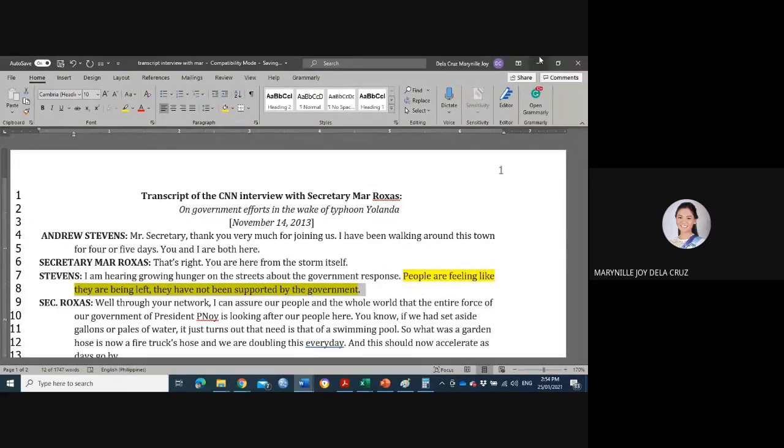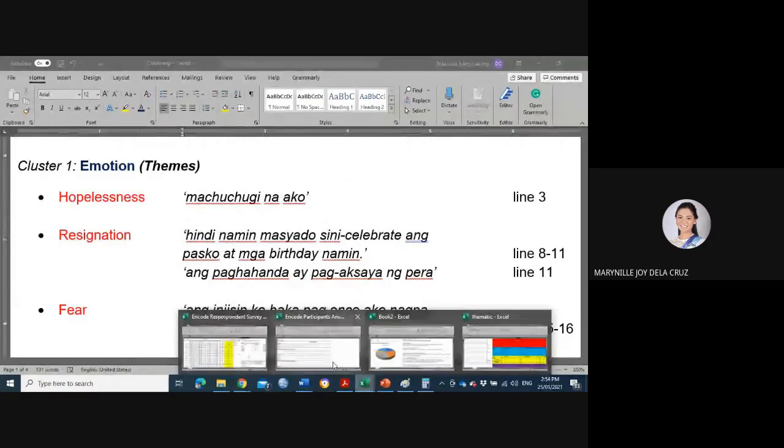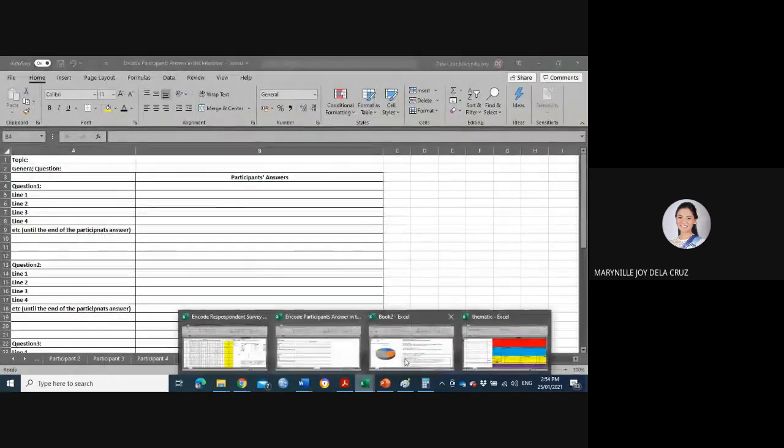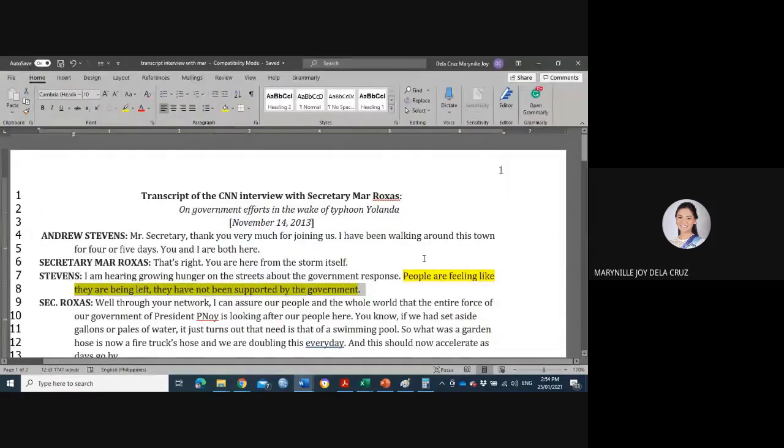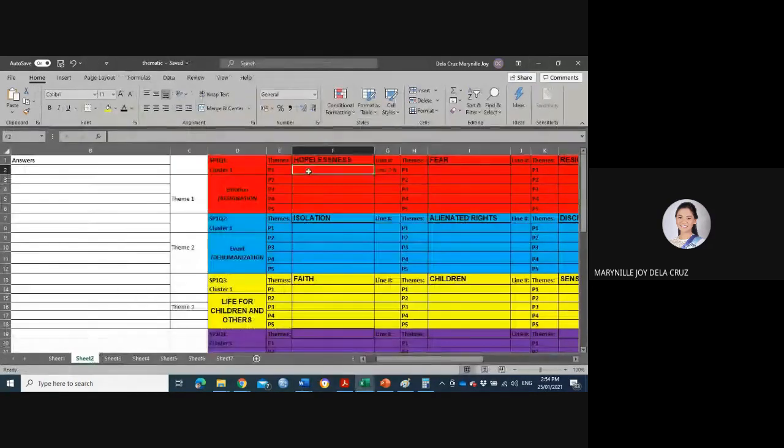So, you're going to write in your Excel line 7 and 8. So, si participant 1, ito ang answer niya: people are being left and not supported by the government. Kunyari lang yan. So, that's line 7 and 8 included.